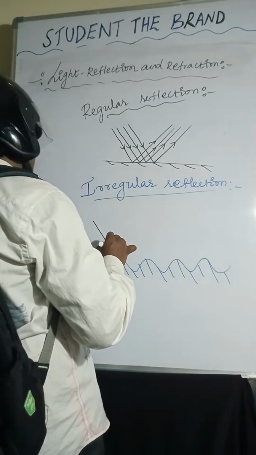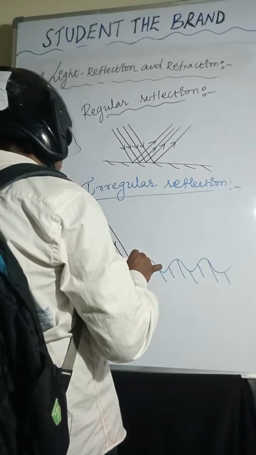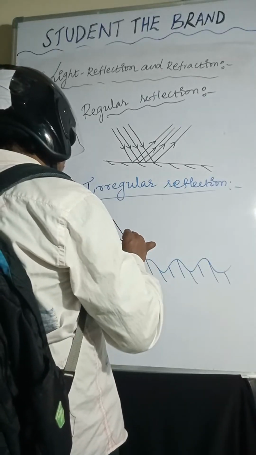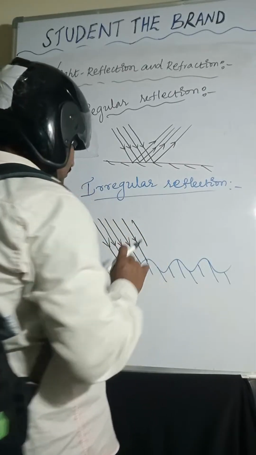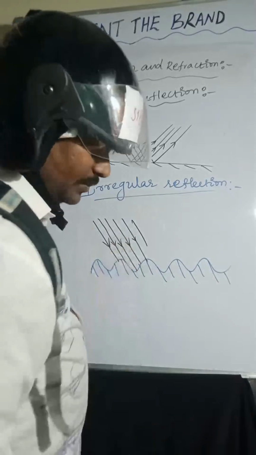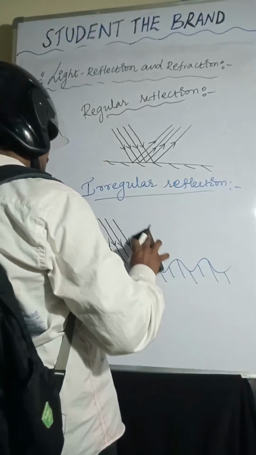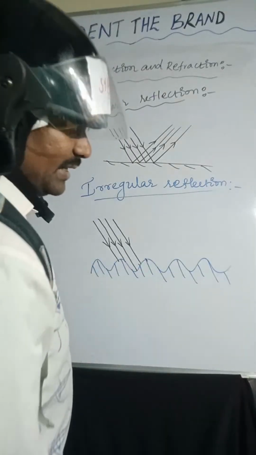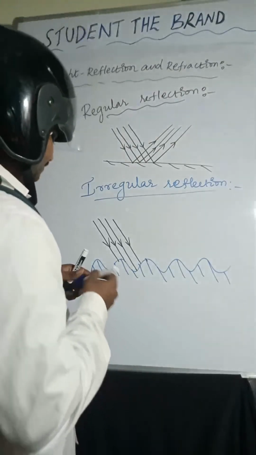Incident light rays are parallel to each other, but the reflected light rays are not parallel to each other.